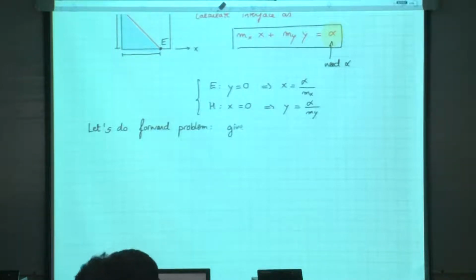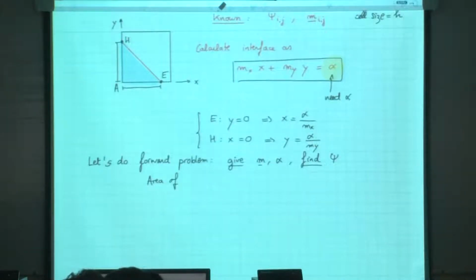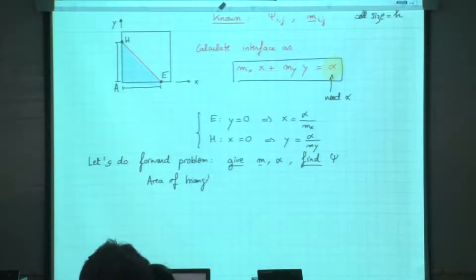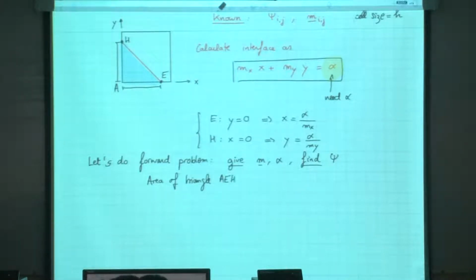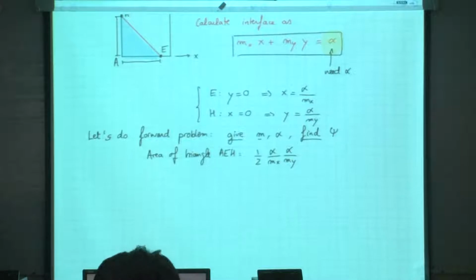So if I give m and alpha, find psi. Well, this is just the area of triangle AEH, and that is 1/2 alpha over mx times alpha over my. If I want now the volume fraction, I divide that by h squared, and I'm done.